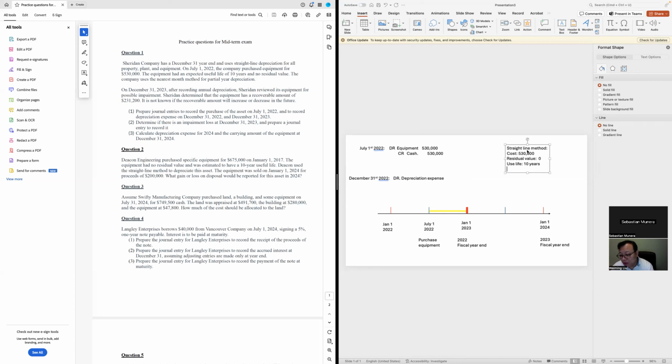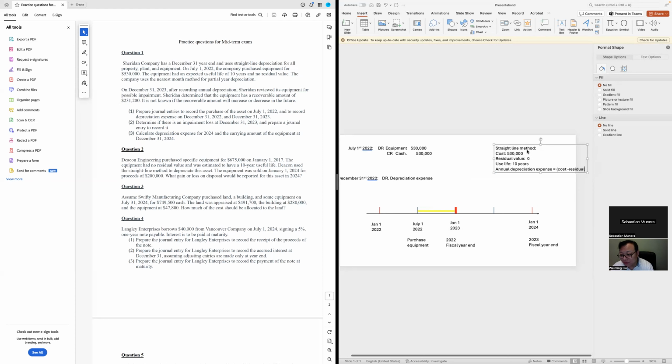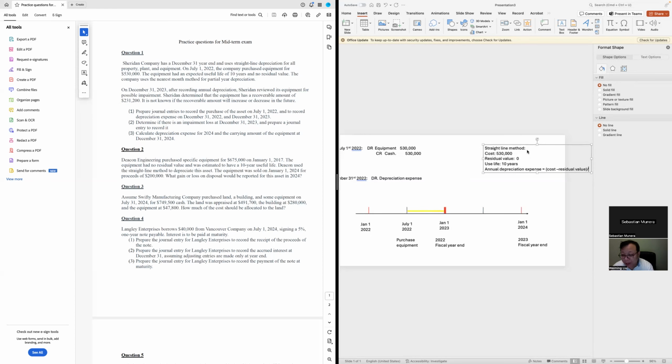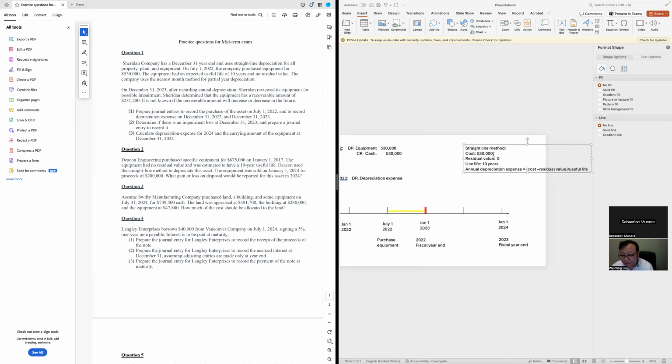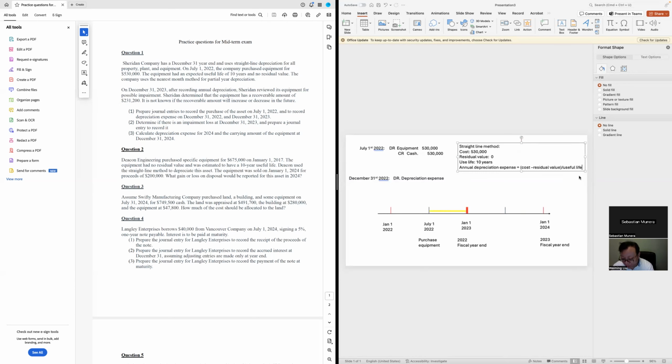So normally, to calculate an annual depreciation expense, you use your cost minus residual value divided by useful life, right? So the normal calculation for annual is for the full year.